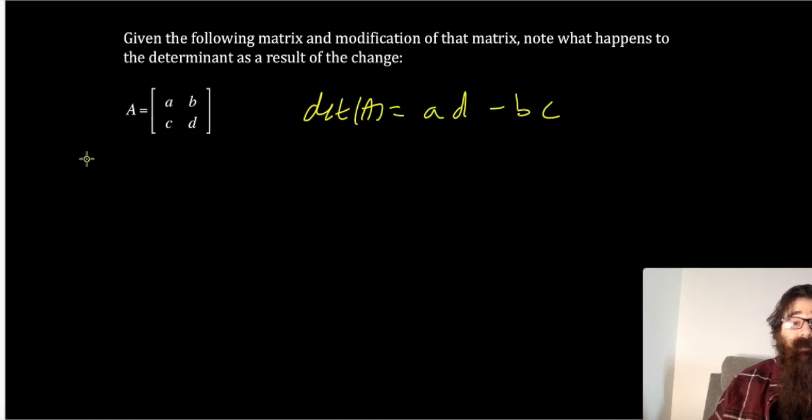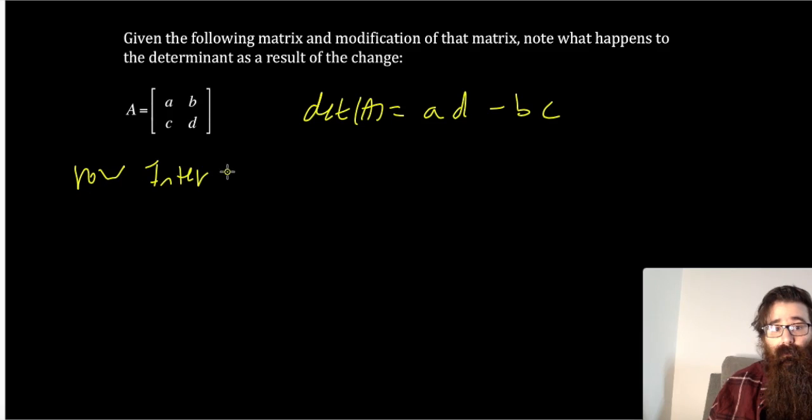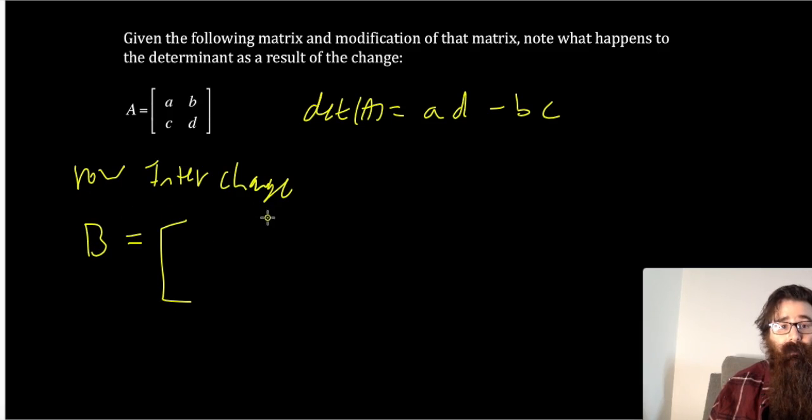But let's talk about row interchange. If I switch the rows, let me produce a new matrix, call it B. Let me switch the rows. So the first row is going to be c, d, second row is going to be a, b. Let's find the determinant of this.